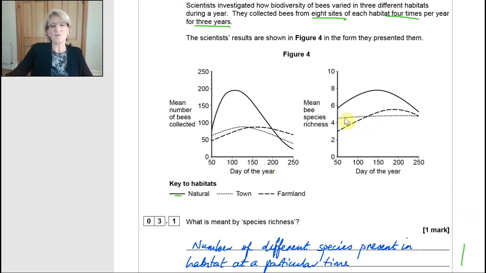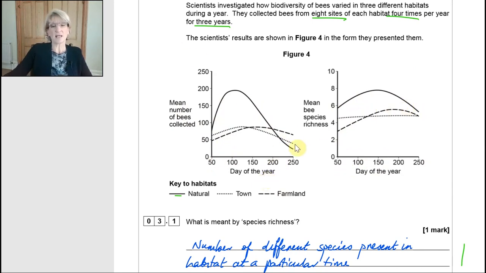So to me, the most obvious piece of evidence is that the mean bee species richness is higher than the other 2 habitats throughout the whole time that it is being measured. And here, the mean number of bees collected is larger than the other 2 at between 50 and 200.